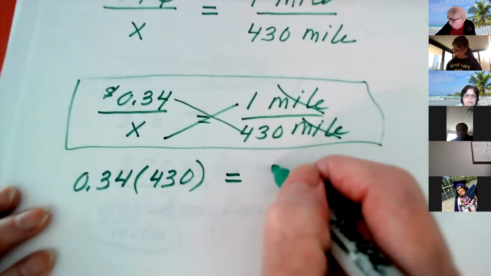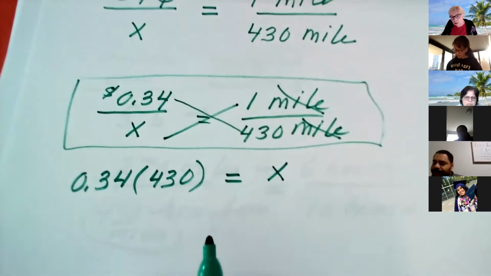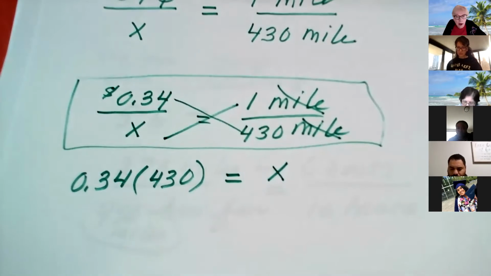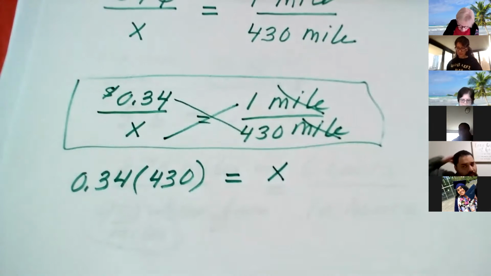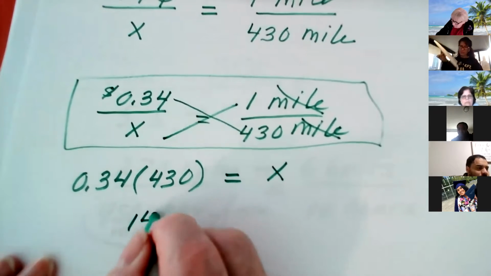Now you could write 1X, or if you've gotten past that, you would just say X. So what's left here is to multiply these two. This will now work, and I'm tired like everybody else, if you don't mind. 146.20.